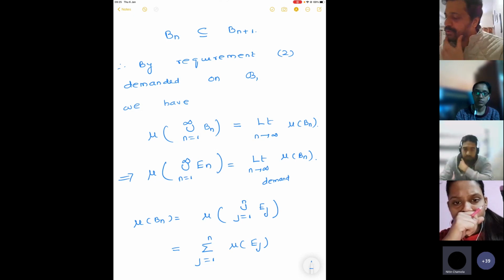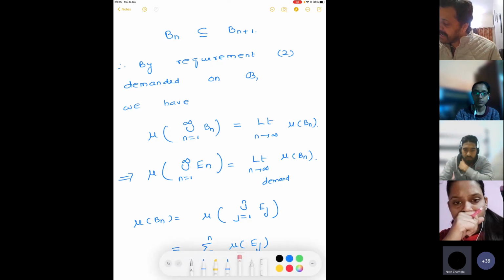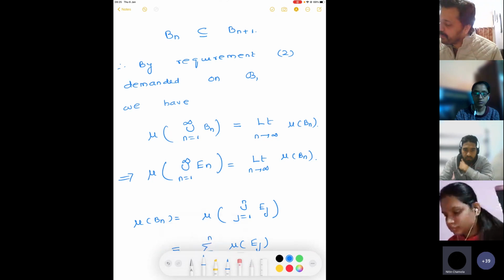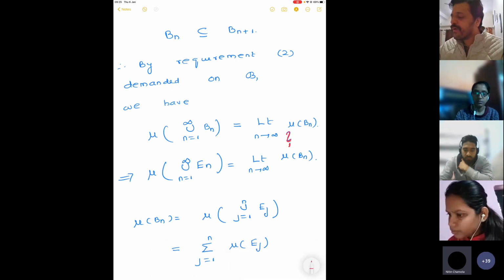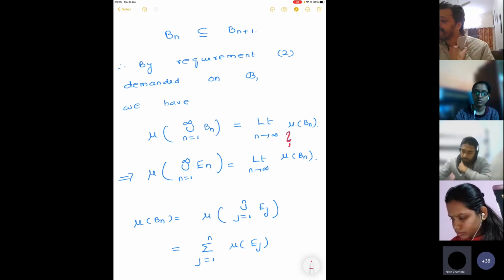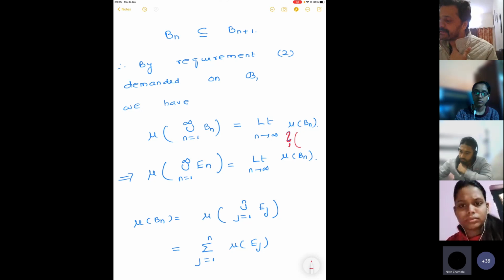Mu of union n equal to 1 to infinity Bn, how does this follow? Limit mu of union Bn is equal to limit n tending to infinity mu of Bn. This is from which requirement?